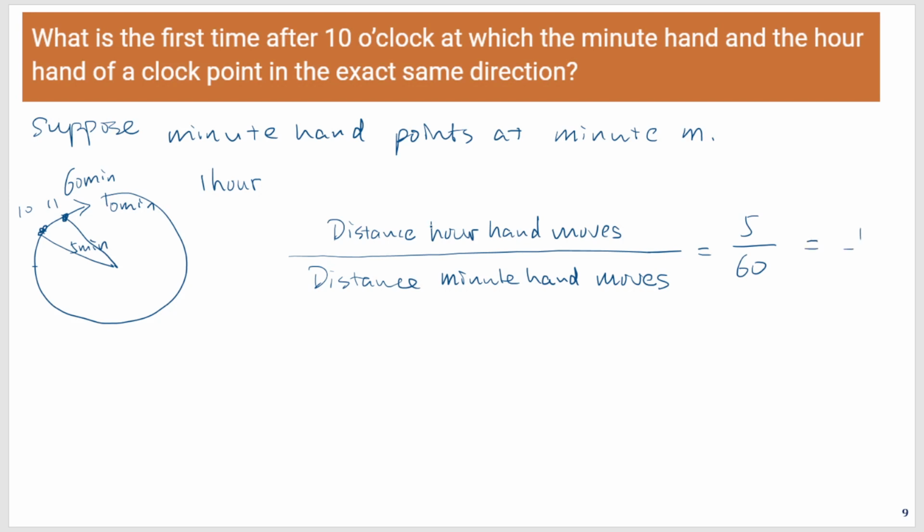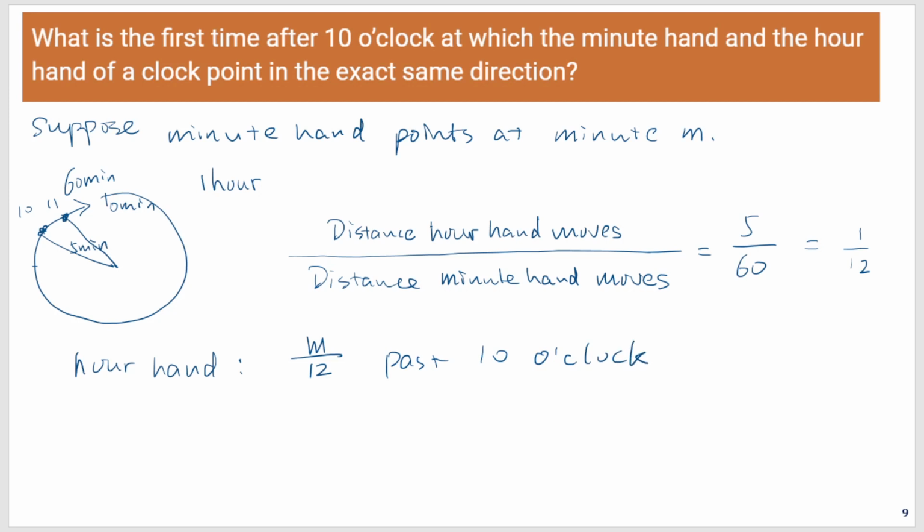Which is 1/12. We now know that in the m minutes after 10 o'clock, the hour hand moves m over 12 minutes. It moved m over 12 past 10 o'clock.